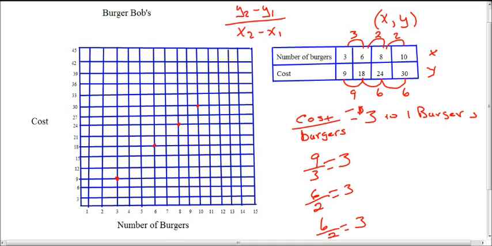So as I look at my graph, I have to have a straight line because this is giving me a constant rate of change.